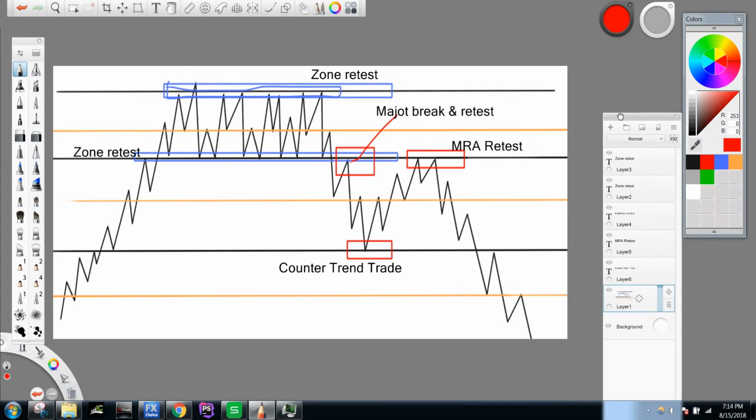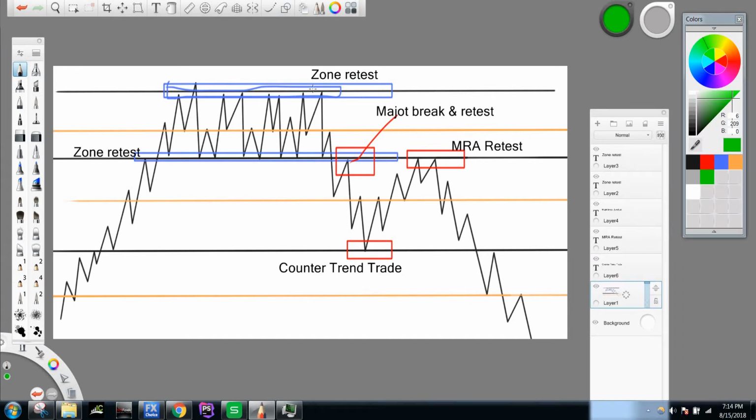Another thing to note is that I will decide to change the color. Let's use this. So something happens in the market sometimes, and the majority of times I should say, this retest here is most times a 61.8 retracement of the initial move down.